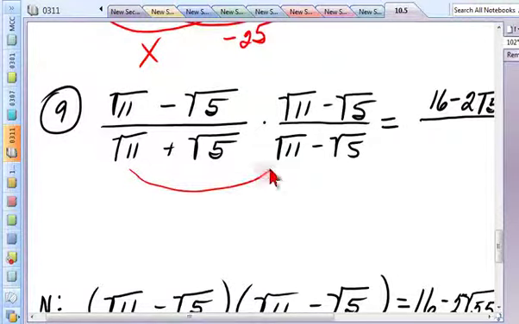What's the product of the first? Square root of 11 times the square root of 11 is the square root of 121, which is 11. Always minus. Positive square root of 5 times negative square root of 5 gives me minus 5. So what's the value of the denominator? It is 6.